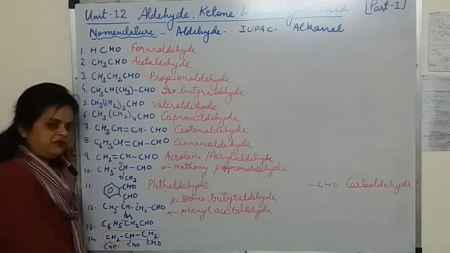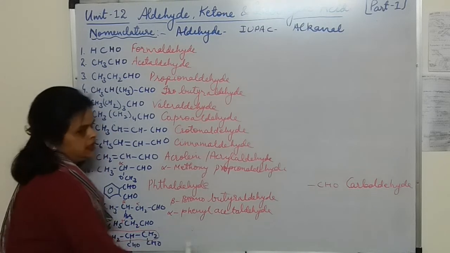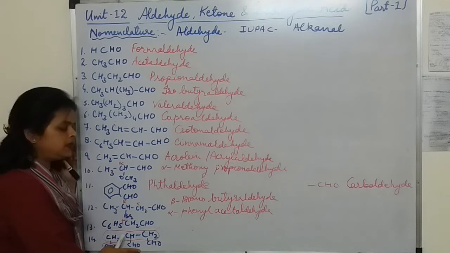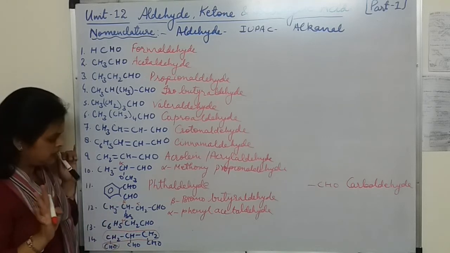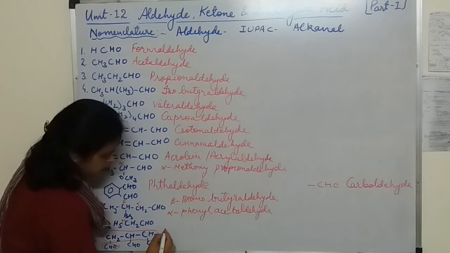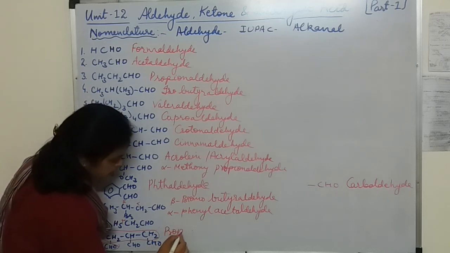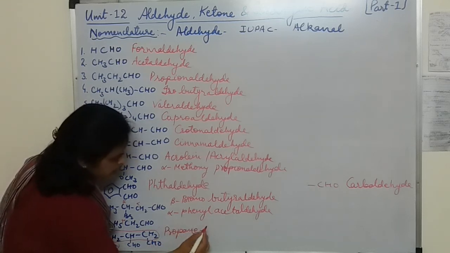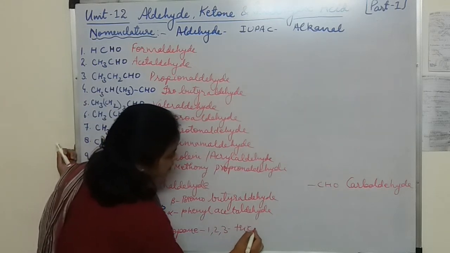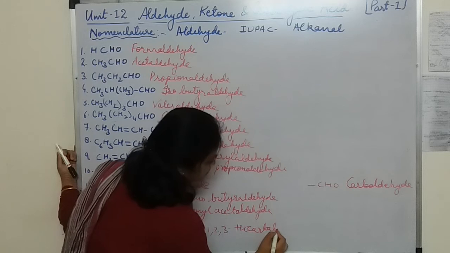See students, in the previous case I had written one name. In this we do not have any common name, we will simply use one name, that is the IUPAC name. So here it will be 1, 2, 3 chain, so it will be propane, then 1,2,3-tricarbaldehyde.